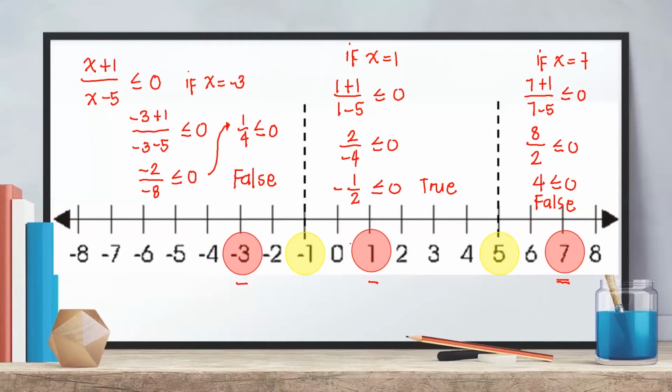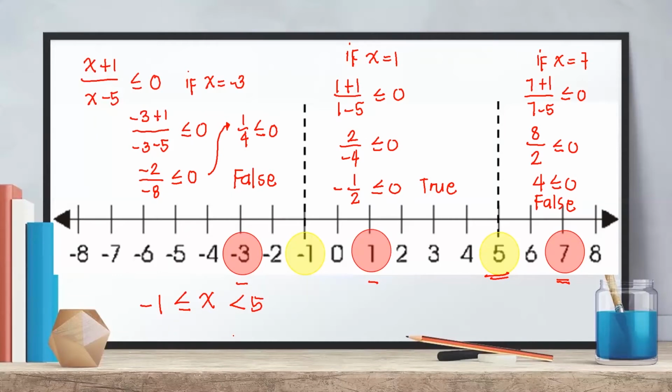However, note that 5 is not included in the solution set because it will make our denominator equal to 0. We will write our answer in this notation. x is greater than or equal to negative 1 but less than 5.